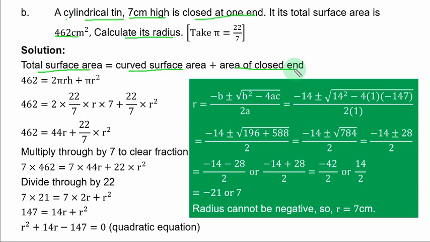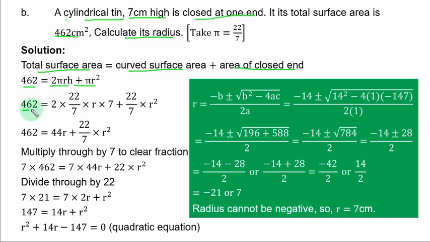If the 2 ends are closed, you multiply the area of closed end by 2, but only one end is closed. So you have 462 equal to, for the curve you have 2 pi r h, and for the area of closed end you have pi r squared.